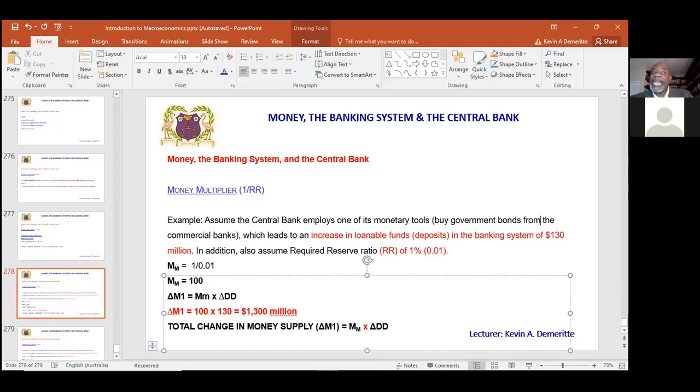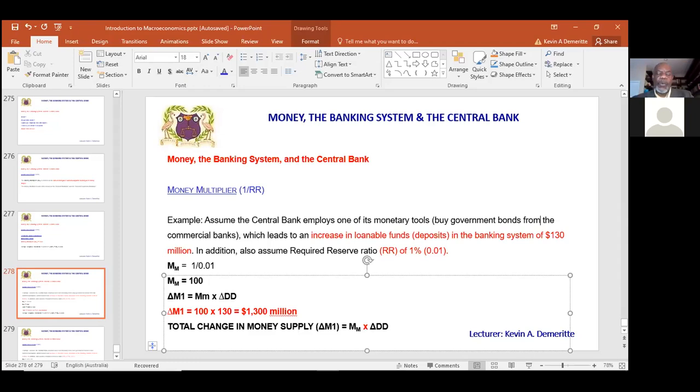Because they don't want the cash sitting in their bank account with the central bank because one, the cash is not earning any money for them, and two, the central bank is charging them for the privilege of securing their money. All right. So once that happens, the banks are now encouraged to do the only thing they could do: take that $130 million in cash and make loans.